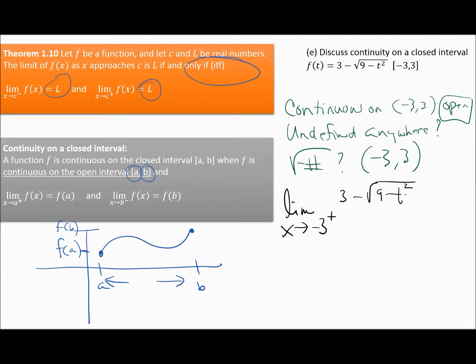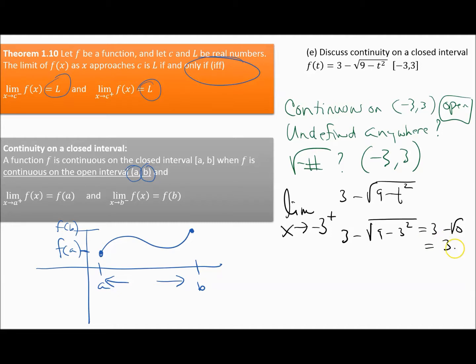That's our function. Now the question is, how do you evaluate this limit? Well, if you can just do this problem by direct substitution, in other words, it doesn't cause you any issues, then you're allowed to do that. So if we plug it right in, 3 minus the square root of 9 minus 3 squared, that gives us 3 minus the square root of 0, which is 3.